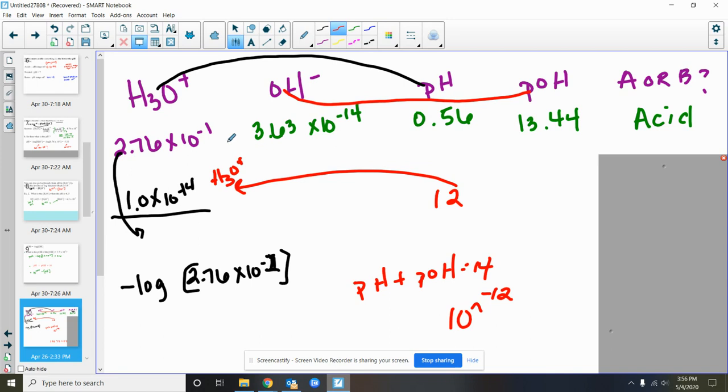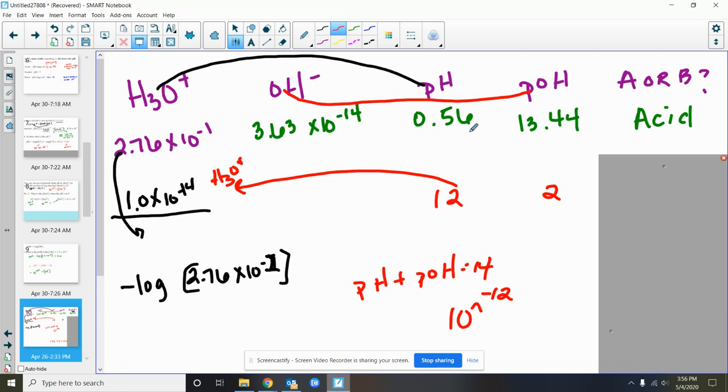Okay, again, those are the 2 that are connected. Once you know your H3O value, you can divide it to find your OH. Okay, and you can obviously pH and pOH equal 14. So again, a couple different things, and then that one would be a base because it's a higher number.